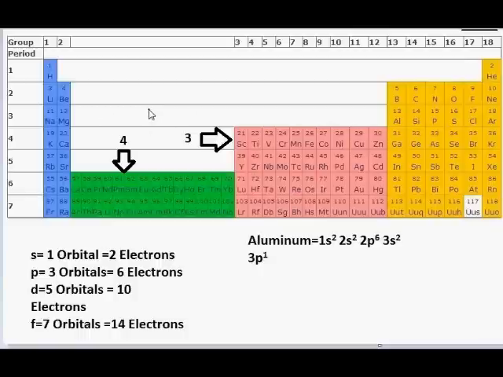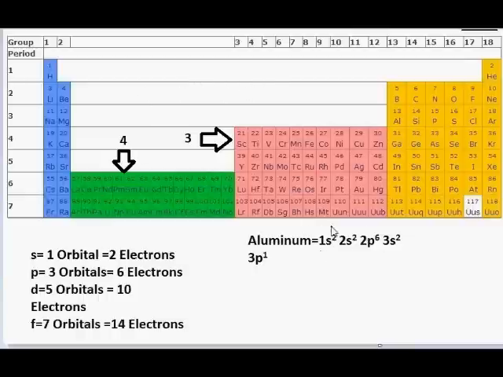So let's take, for instance, aluminum, as we've used previously. We'll start at hydrogen and work our way down. So we pass the 1s sublevel, so we'll write 1s2 since that sublevel will be filled.